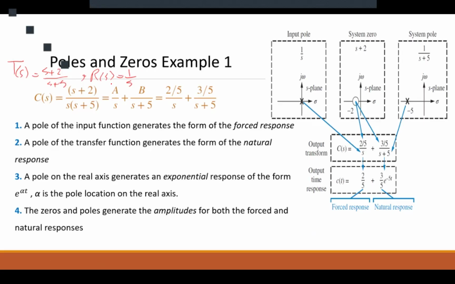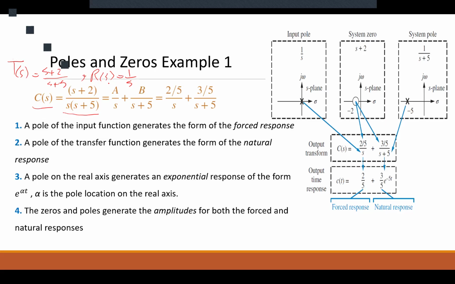Now we want to see what our output is going to be, which is the response of the system, and how we can define that output and find out what the zeros and poles are for that output. You can see that I already applied the input to the transfer function, so I developed the output in S domain.